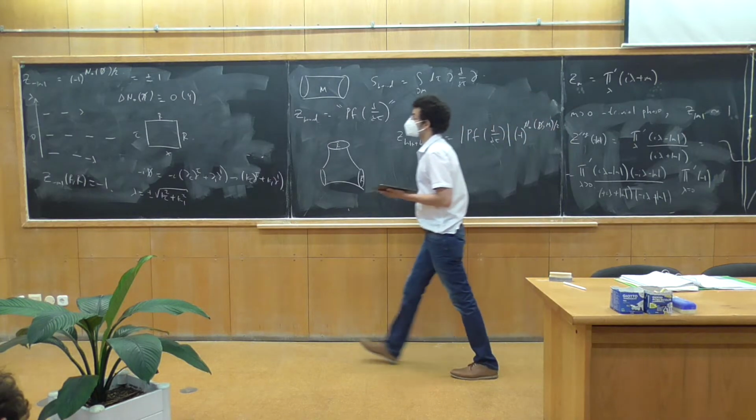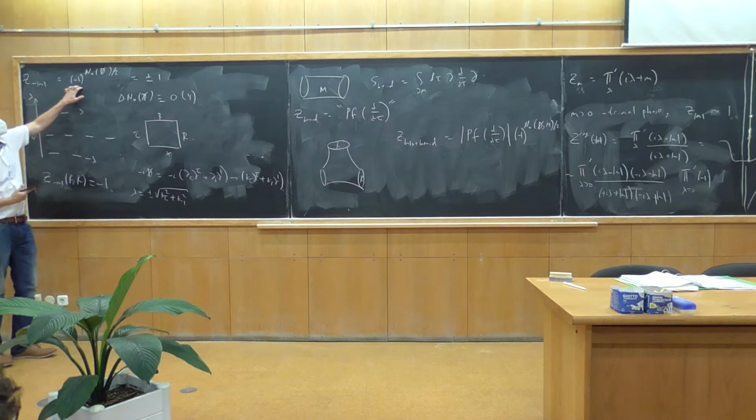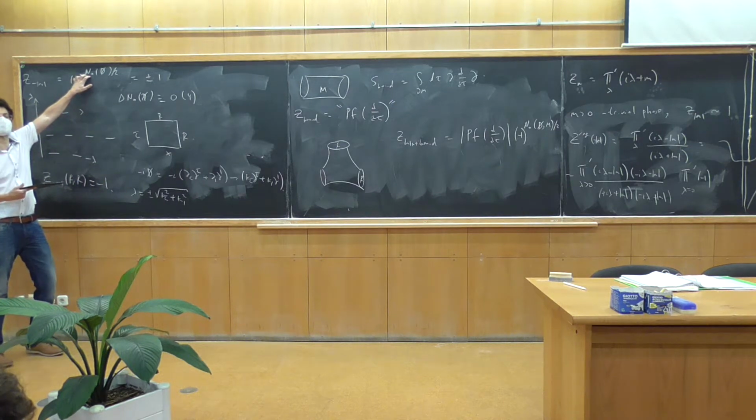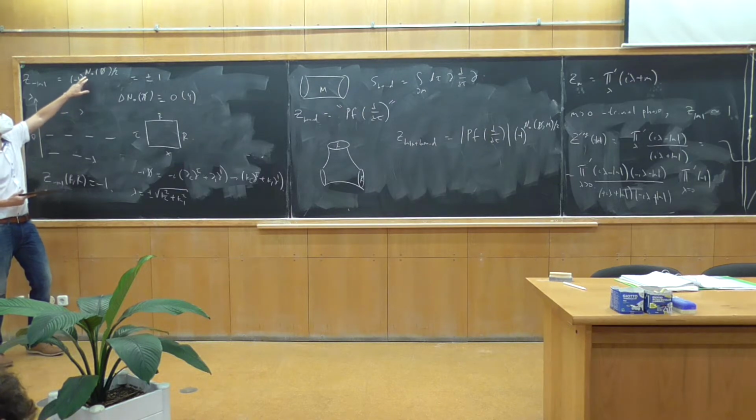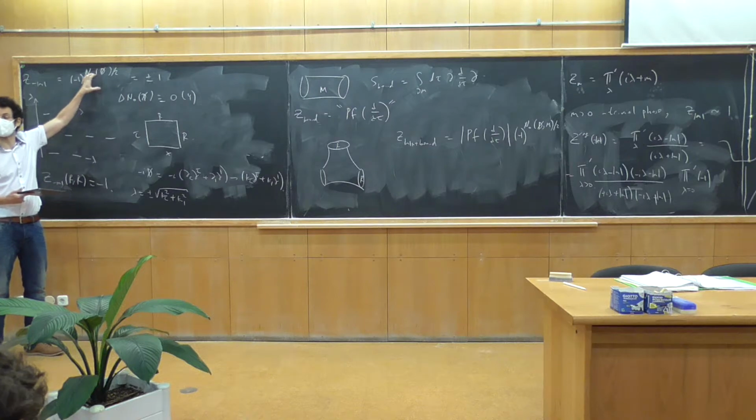And there is another question: we have this bulk partition function on a closed manifold. Well, what is the generalization on an open manifold? What does the bulk contribute? You have to say what the boundary conditions on this Dirac operator are, if we're going to try to use some generalization of this formula.